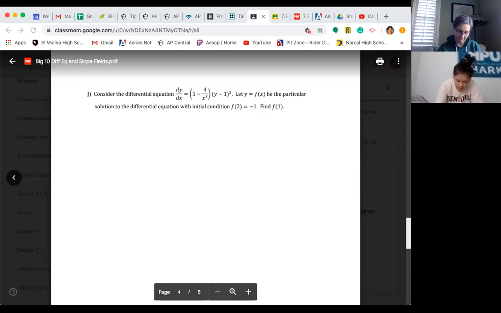Wait, did you say -x? Yeah, because I took the negative that was on the y side, on the left side, and multiplied both sides by -1. I see. -x minus 2x to the -2 plus 2, right? Yes.